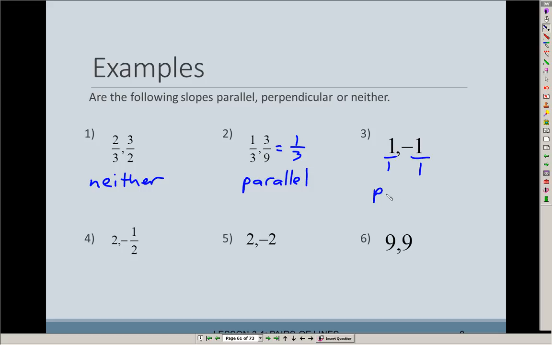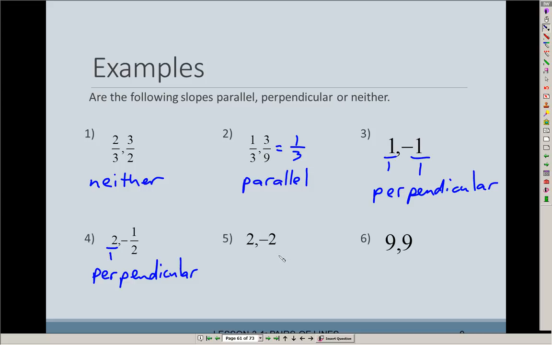So these are perpendicular. 2 and -1/2. I can put 2 over 1 if it helps me see it. 2 over 1 does flip, and the sign changes, so these are perpendicular. Perpendiculars flip it and change the sign.